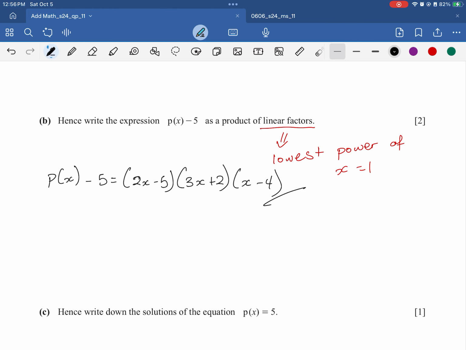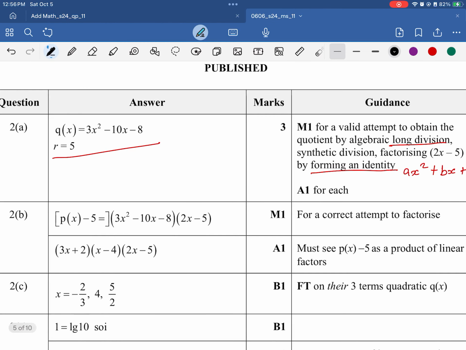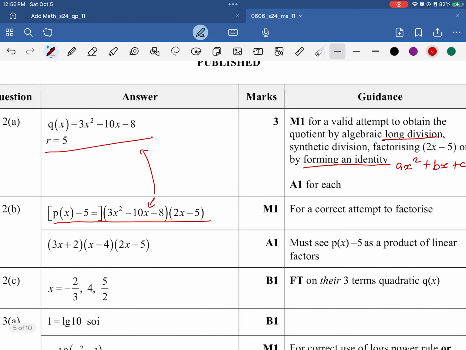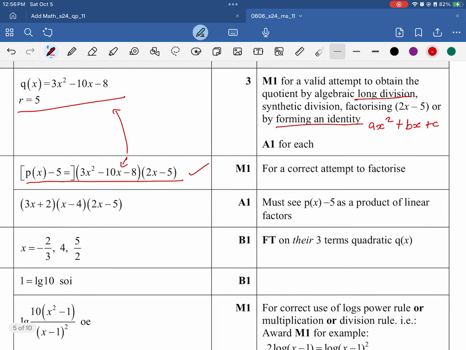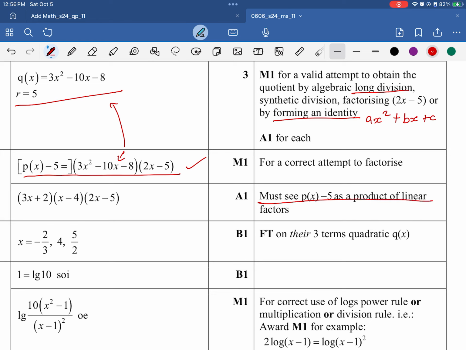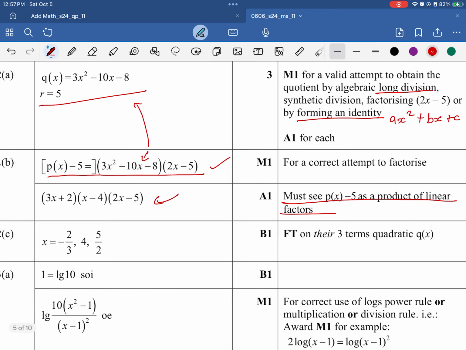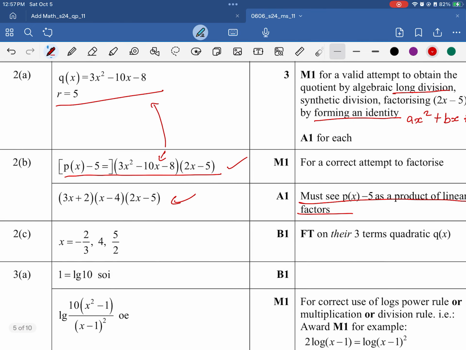If we go to our mark scheme, look, they did here px minus 5 because this is your original function that you found in this question. So you get points for writing it in this form, but you have to have it in this form of linear factors to get full points. You can only do that when you factorize.